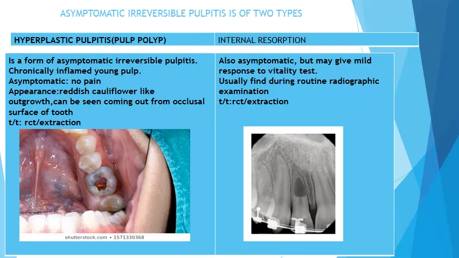Look at the picture shown of the radiograph. This widening, this resorption, is called internal resorption. You will see an irregular radiolucency which can be present anywhere along the root canal space. The treatment will be RCT or extraction.